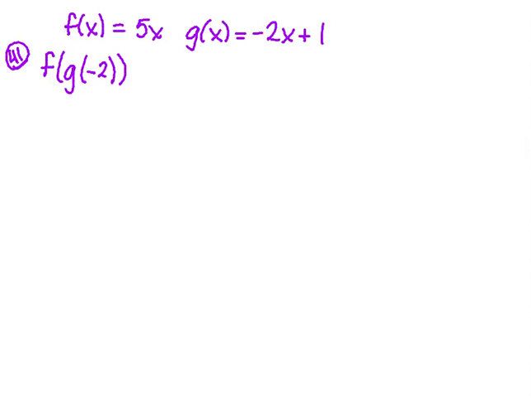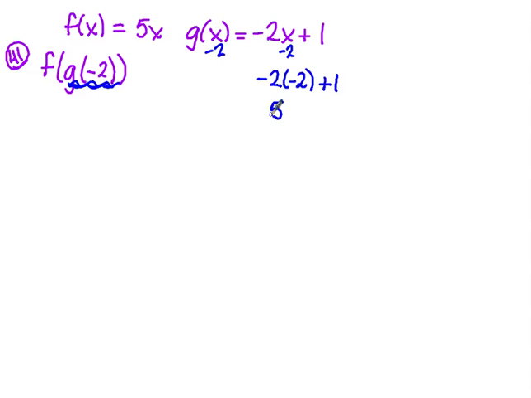This is kind of like what we did with the ordered pairs. Order of operations states you do parentheses first, so I'm going to do g of negative 2. I'm going to plug negative 2 in here for x. So really I get negative 2 times negative 2 plus 1. What does that equal? 5.